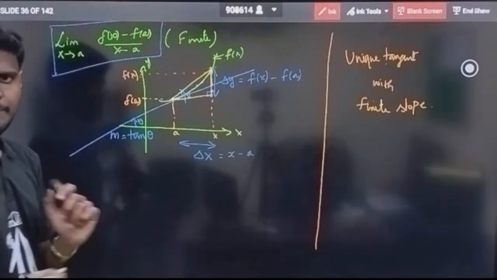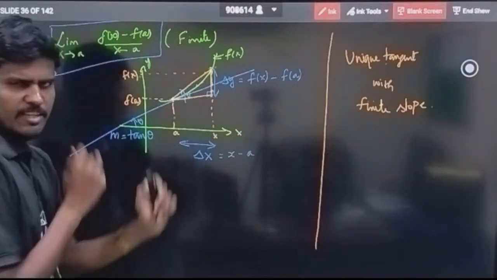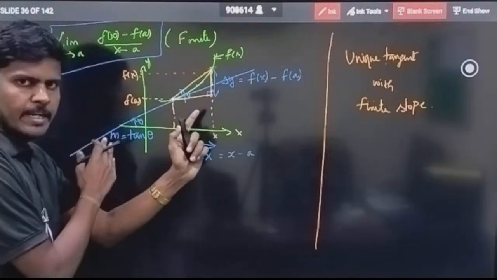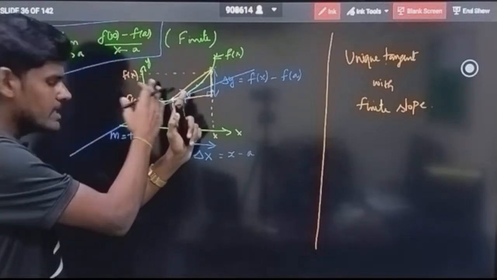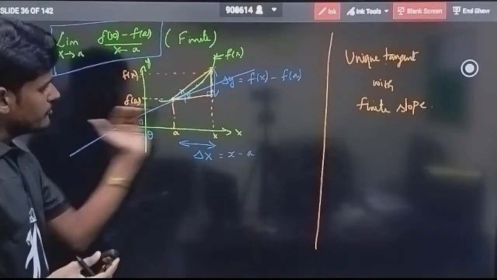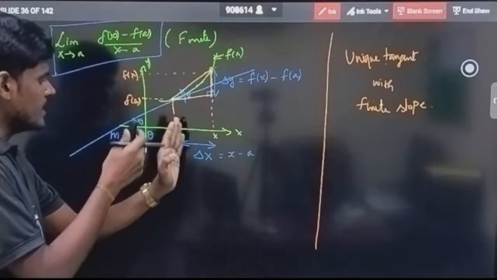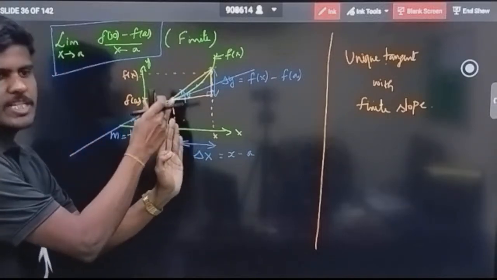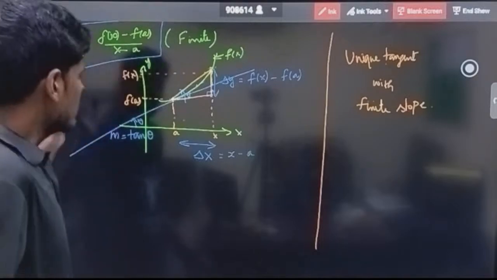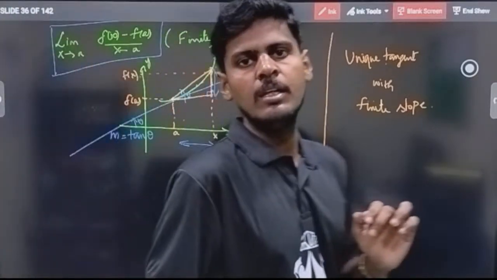This is x tends to a plus. Suppose we take the value of x to the left hand side and this x gets closer and closer to a, then that will give us the value of the left hand limit. Correct? From the left hand side, when x approaches a, what is the value of the function? That will be the left hand limit.